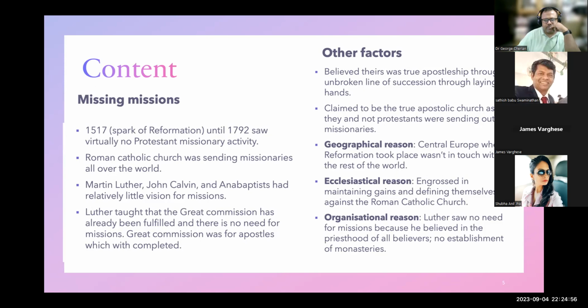So they were more engrossed in creating their own identity versus what the Roman Catholic Church stood for, and were not worried about or focusing on missions.